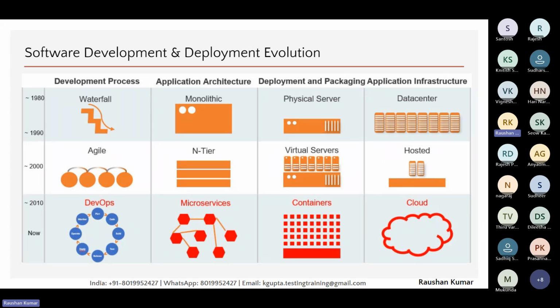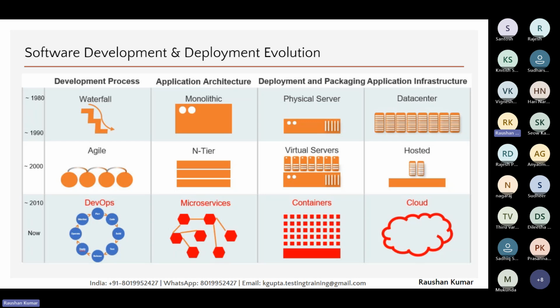This is where we are making progress. If you're into performance testing engineering, no doubt you have to know this. If you're a DevOps engineer or SRE engineer, you have to know this. There's no other go. If you are a developer, you need to know this, because the way you develop and deploy microservices is different. So let's understand this slide, friends.